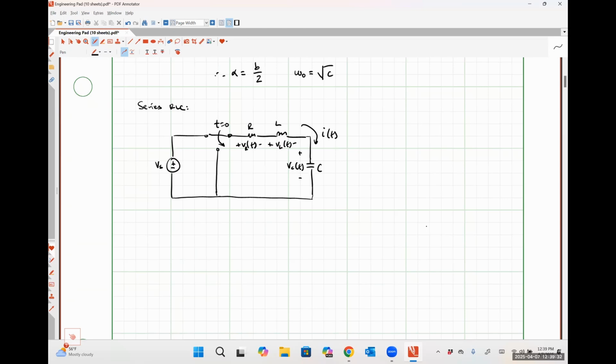If I applied Kirchhoff's voltage law around this loop, I found that VR plus VL plus VC were equal to 0.